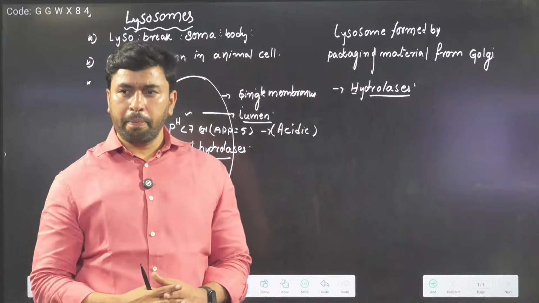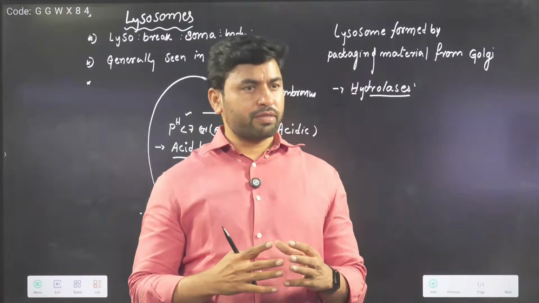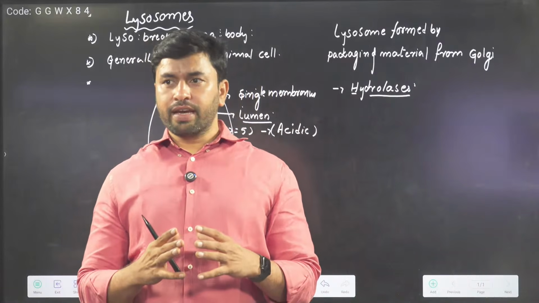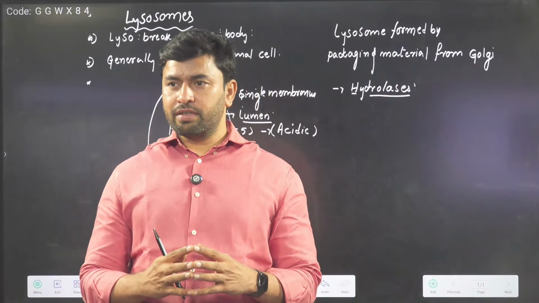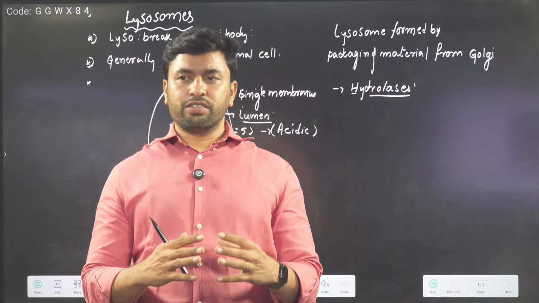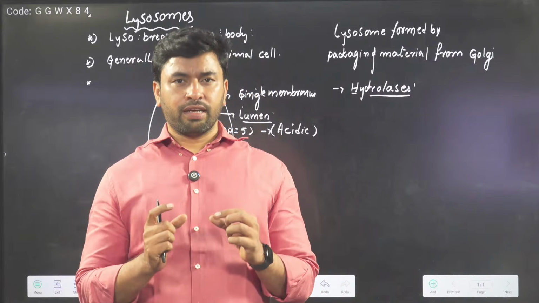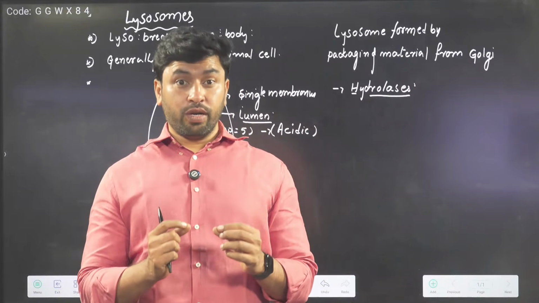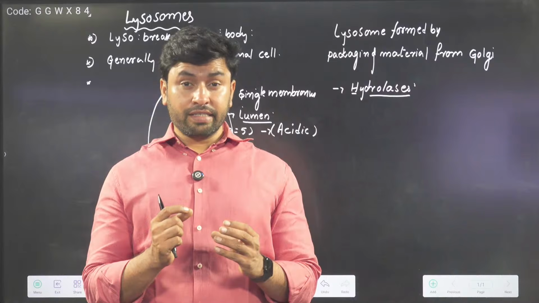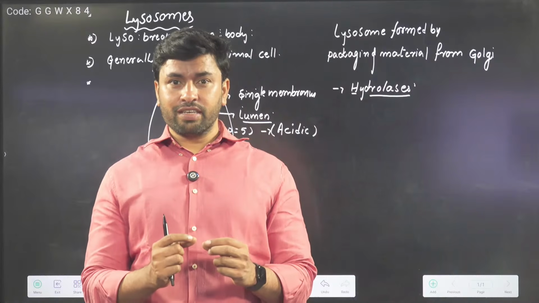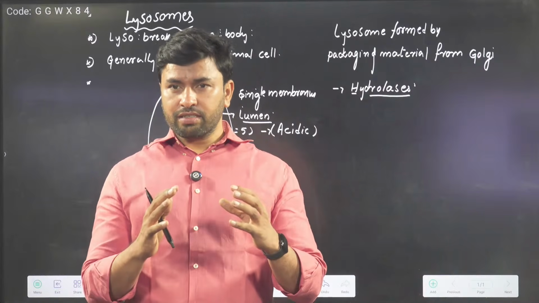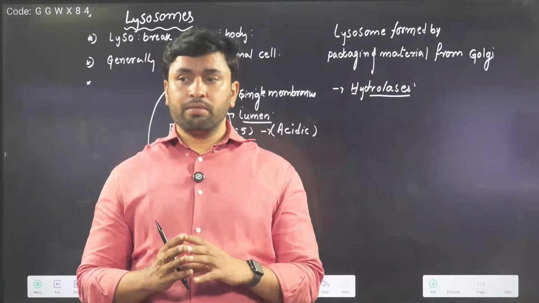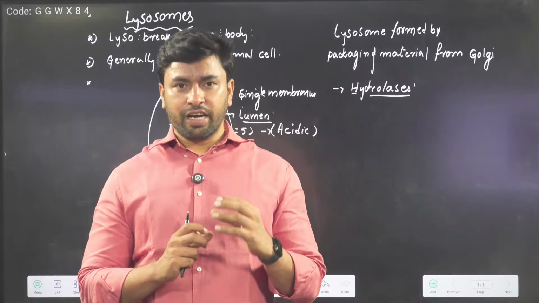We have seen under biomolecules, I think so, there is a classification of enzymes. First class is oxidoreductases, transferases, hydrolases, lyases, isomerases, ligases. Six classes are there. Among them, the third class is hydrolases.